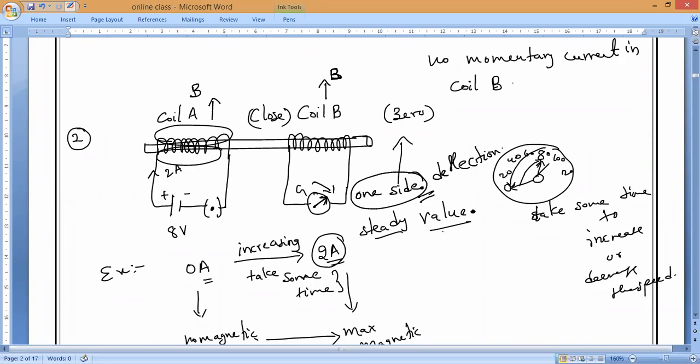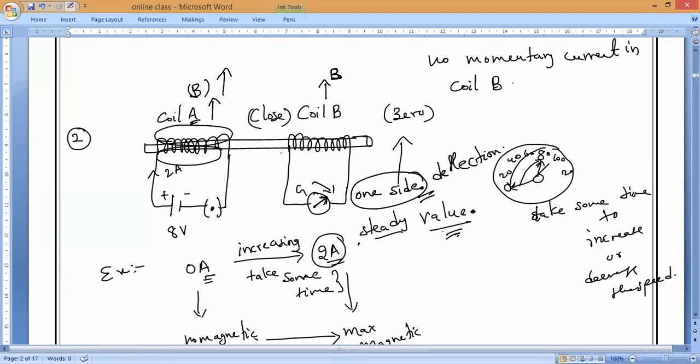So who is the reason behind the deflection? Anybody? Nitish? Who is the reason behind the deflection in the galvanometer of the second coil? The change in magnetic field lines associated with coil B is the cause of induced potential difference and induced electric current in it, because the magnetic field lines associated with coil A keep on increasing when the current is increasing from 0 to the steady or constant value.